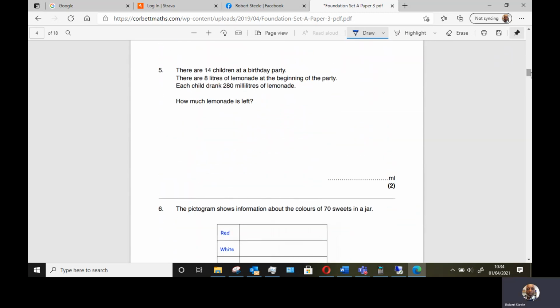Okay. You are expected to be on top of your unit conversions. So here we've got litres, here we've got millilitres, so you do need to know that 1 litre is 1,000 ml.